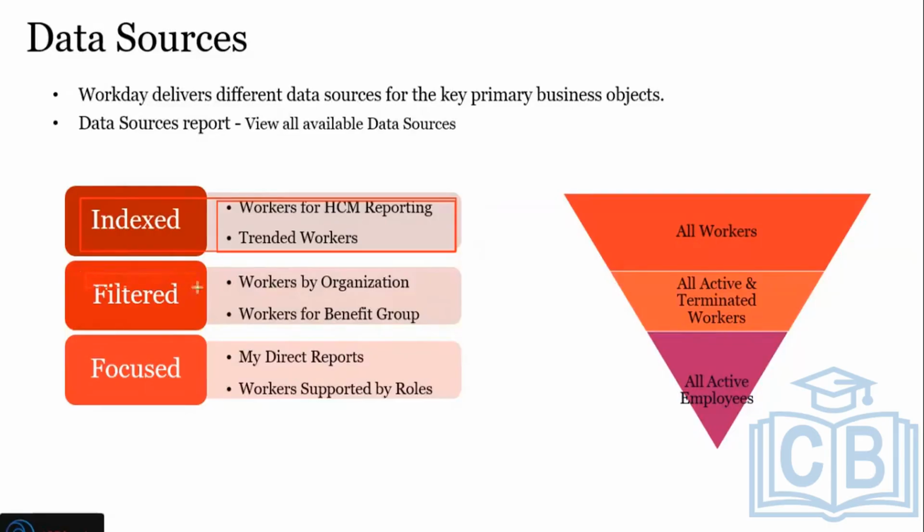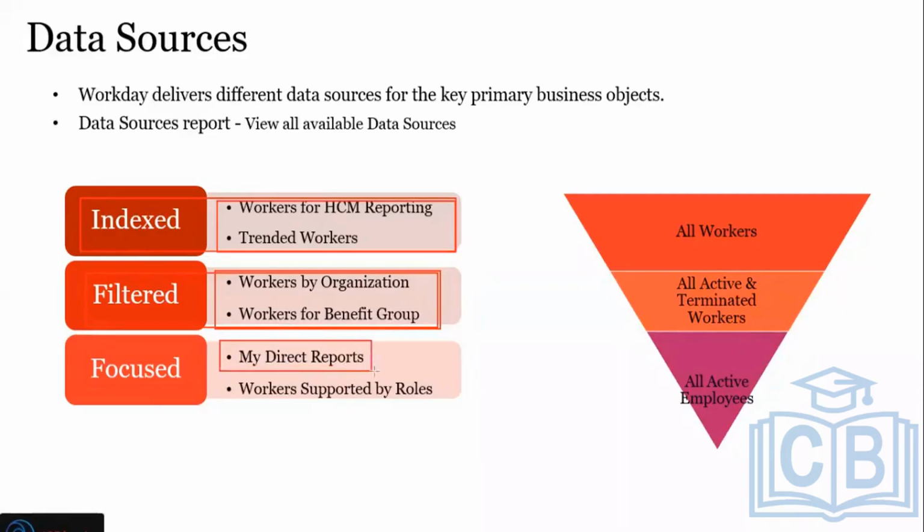Within standard data sources, again check if there is a filtered data source available. We'll talk about filtered data sources in more detail as we build our report. And if there is no filtered data source available, check if there is any focused data source. Now what is a focused data source?